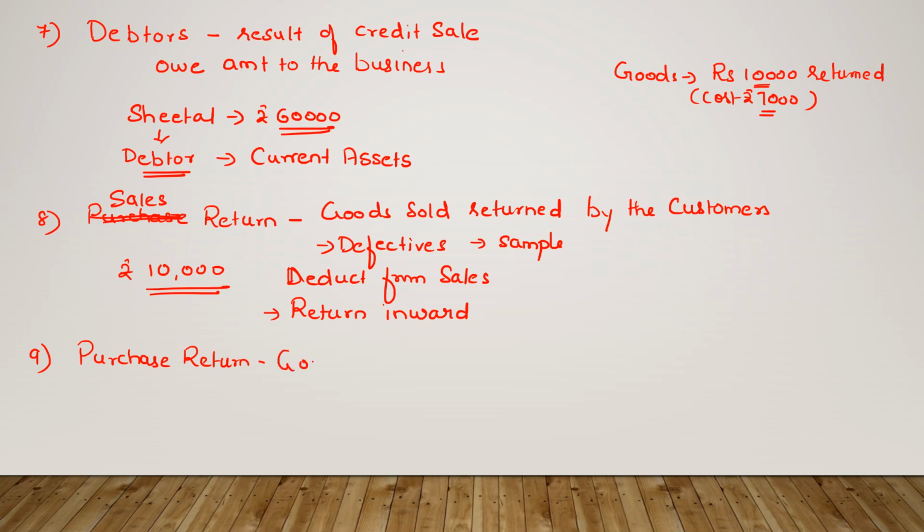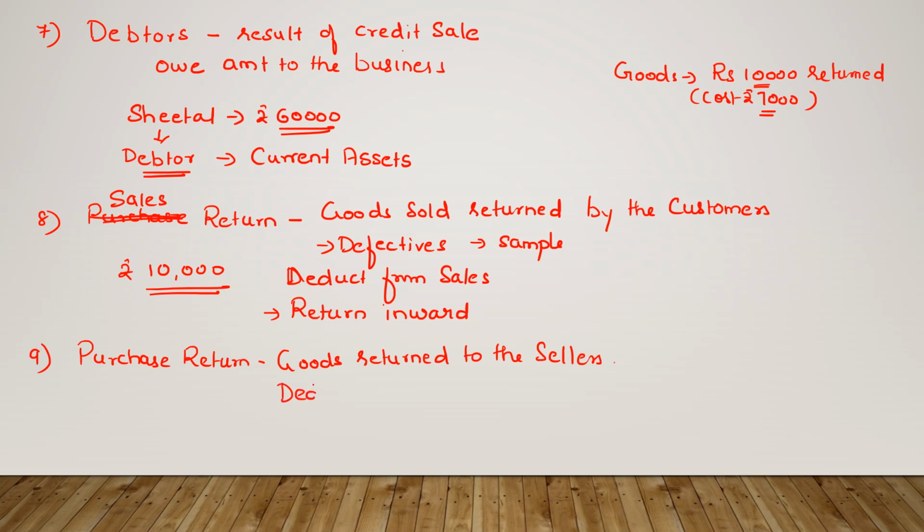So the goods which are returned to the suppliers or the sellers. So goods which were purchased and now they are returned back to the seller, probably again because they are defective or they are not as per sample, whatever the case, then they are called purchase return.